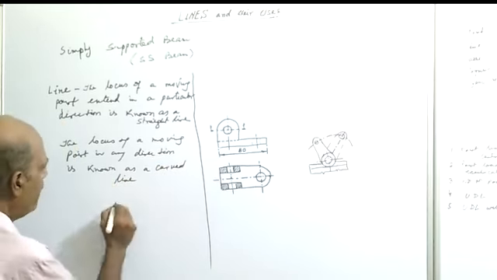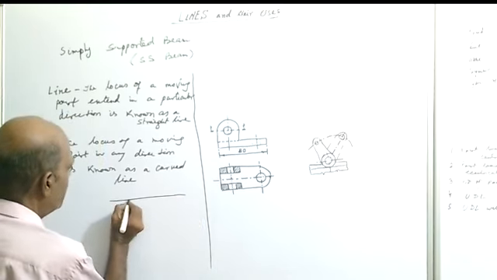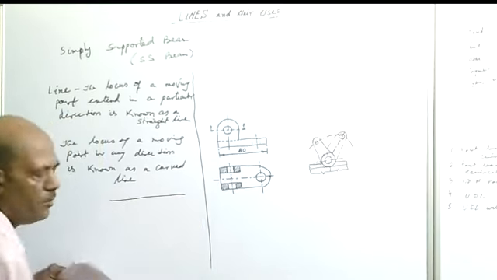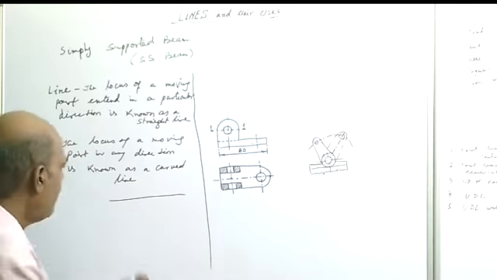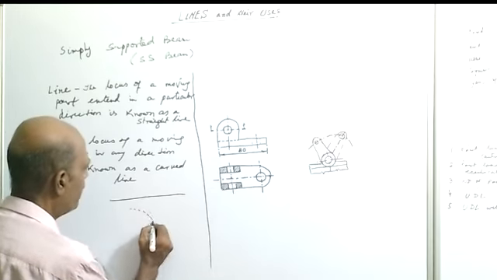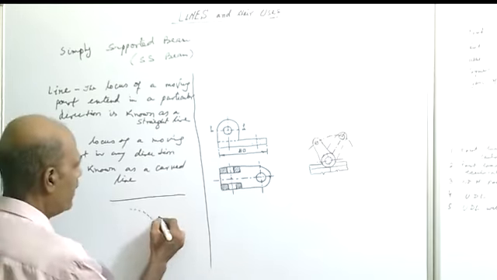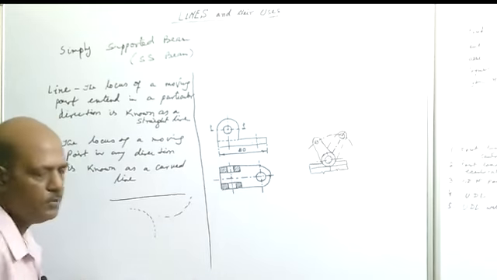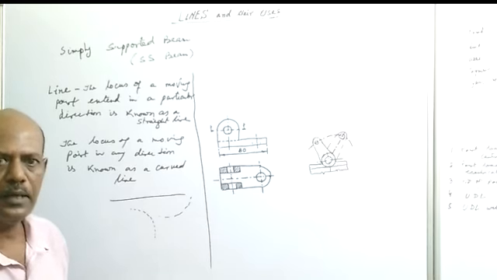So a line may be a straight line, meaning a moving point is moving along this line, and if we join all the points, it gives a straight line. And the locus of a point moving in any direction, it may be in this direction or in this direction, if we join all the points, gives a curved line.